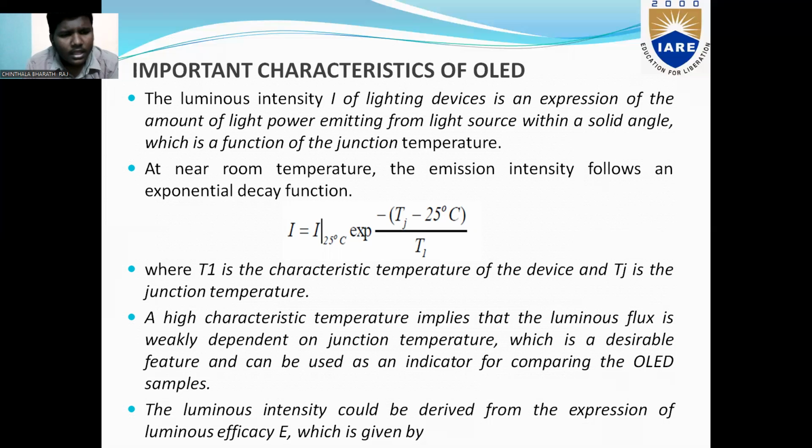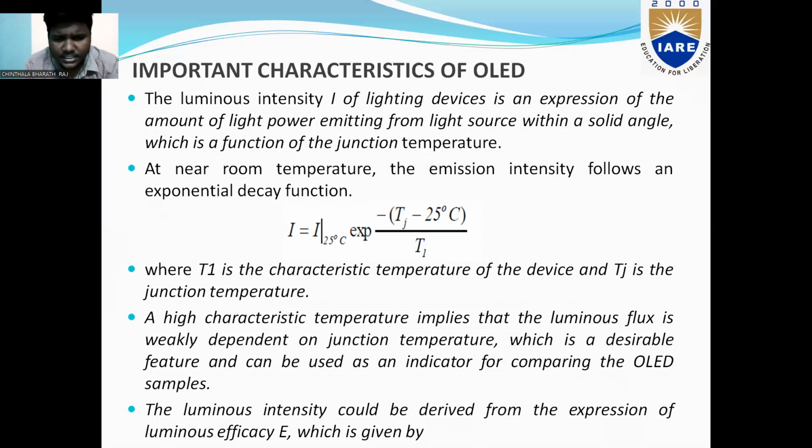A high characteristic temperature implies that the luminous flux is weakly dependent on junction temperature, which is a desirable feature and can be used as an indicator for comparing the OLED samples.